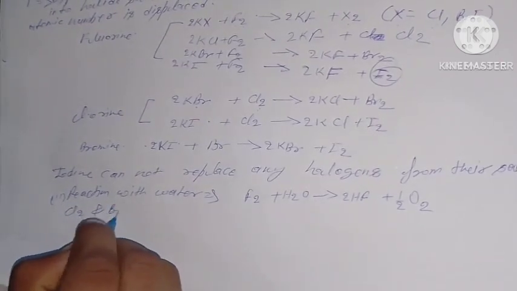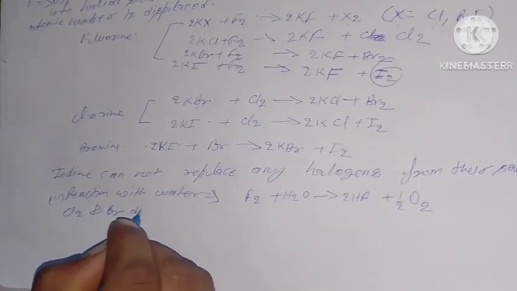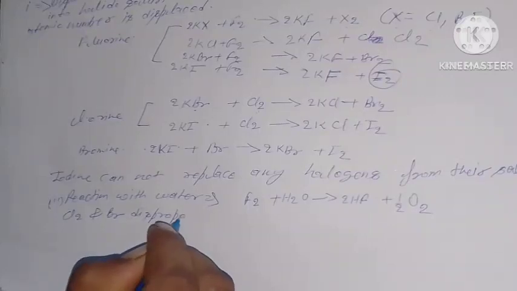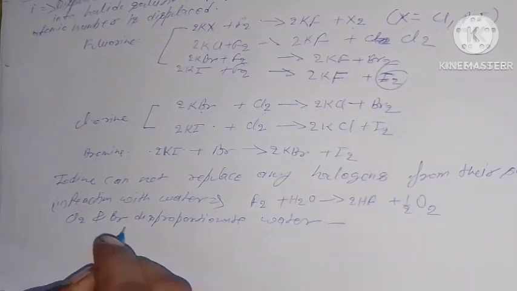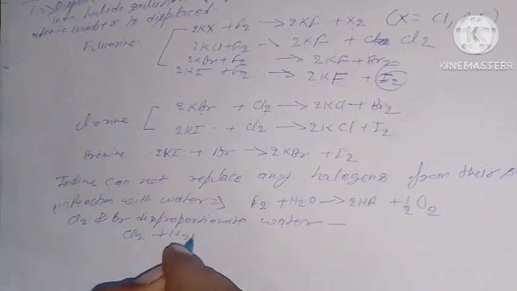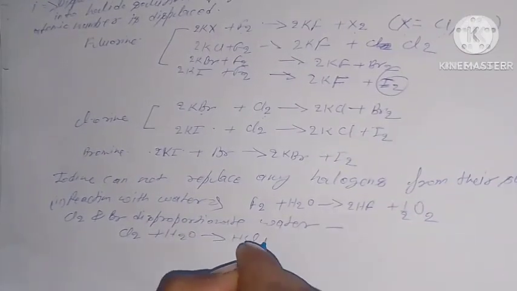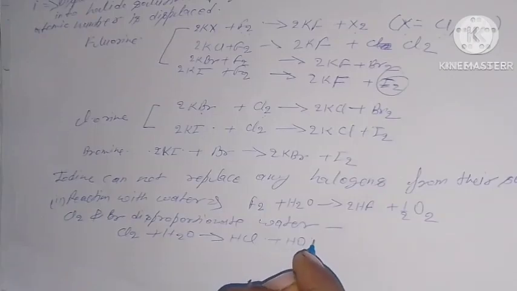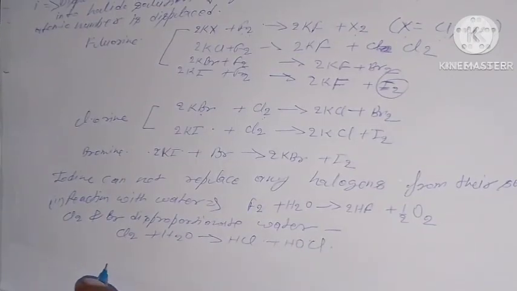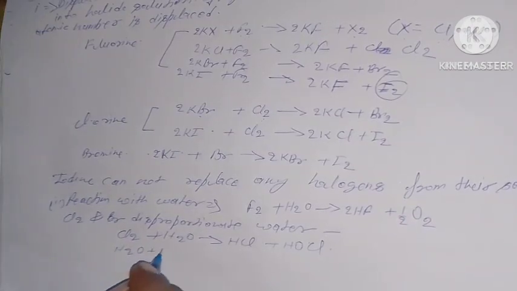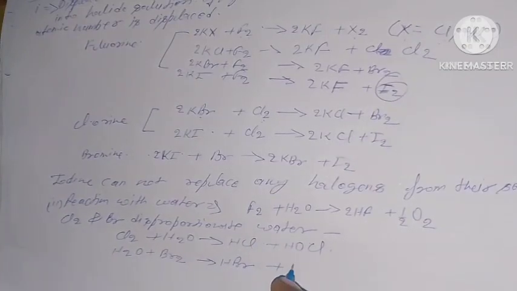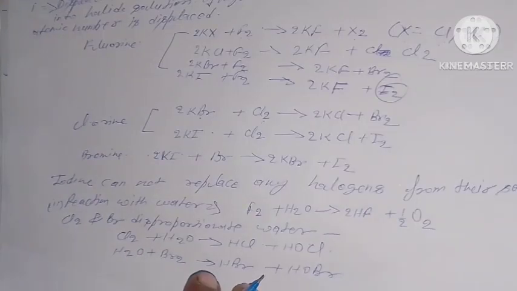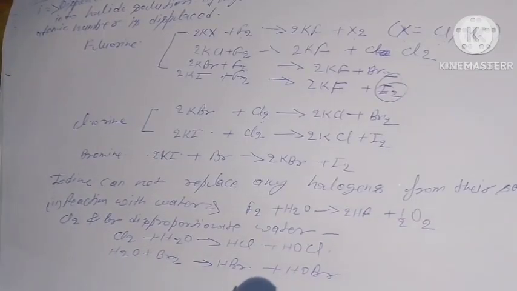Cl2 plus H2O gives HCl, hydrogen chloride, plus HOCl, hypochlorous acid. Br2 plus H2O gives HBr plus HOBr.